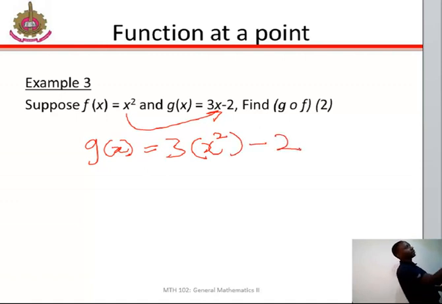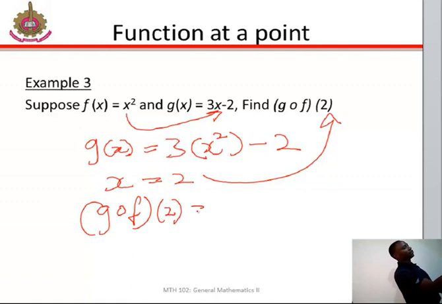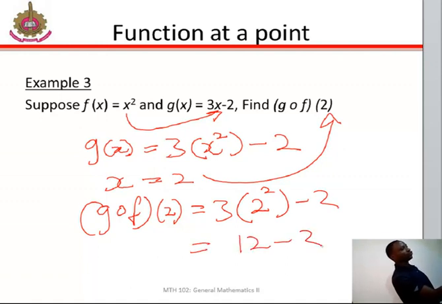And you recall that your x equals 2. So our g compose f of 2 is now going to be 3 times 2 squared minus 2. Then you are going to have 12 minus 2. And our final answer is going to be 10.